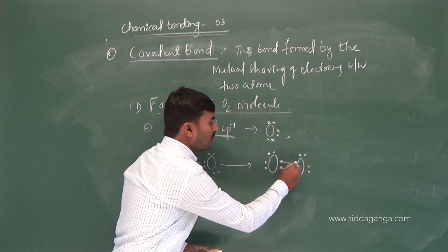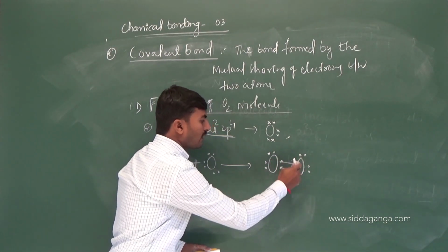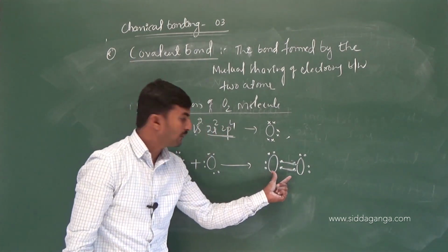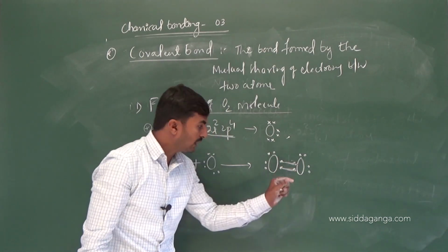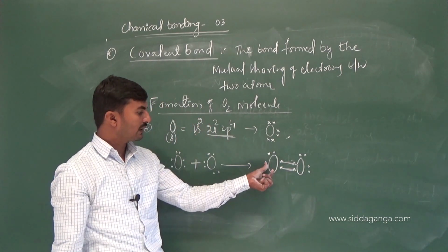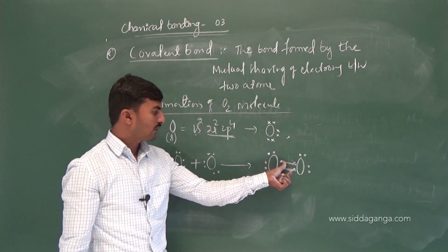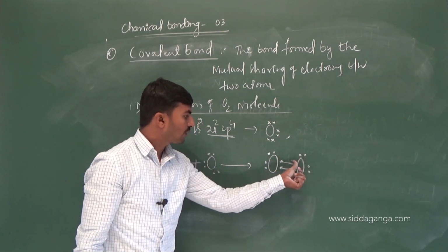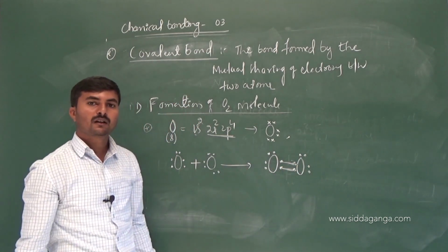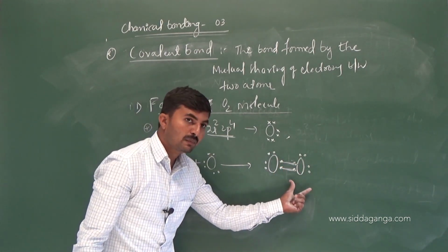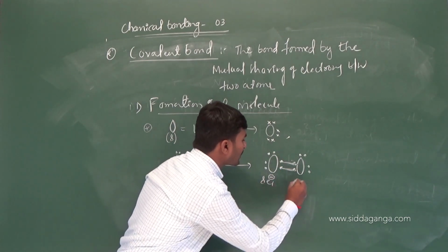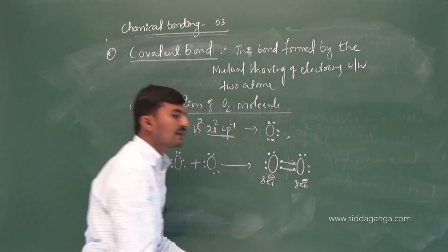As I already told, these bonded pair electrons are shared by both atoms. Count the electrons: 2, 4, 6, 8. Next, 2, 4, 6 and 8. This is an example of a double covalent bond, where each oxygen atom possesses 8 electrons.